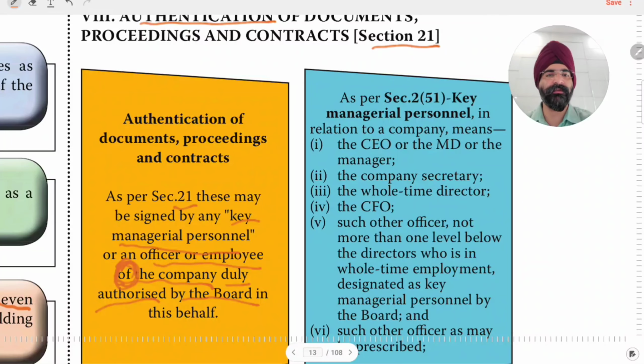As per section 2(51), key managerial personnel in relation to a company means: the CEO, Chief Executive Officer, or the MD, or the manager; then the company secretary, then the whole-time director, then the chief financial officer; and such other officer, not more than one level below the directors, who is in whole-time employment, designated as key managerial personnel by the board.